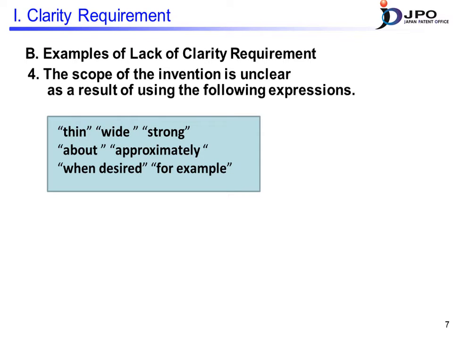In addition, expressions that make the range of numbers vague, such as about or approximately, may also make the claim unclear.